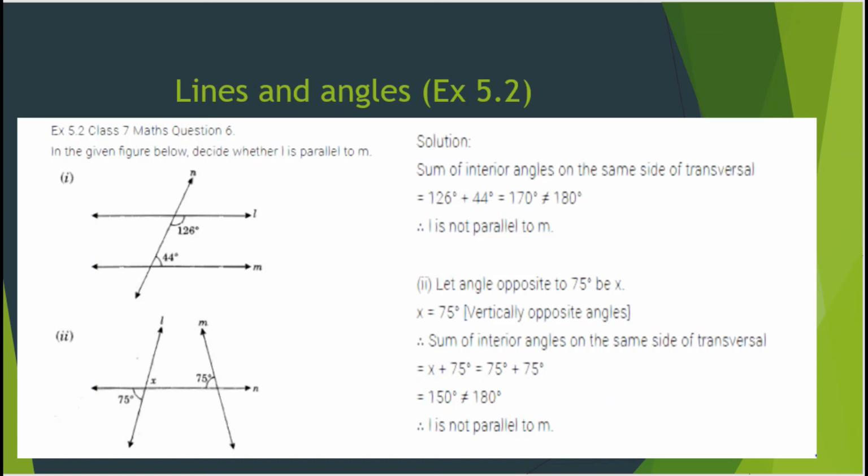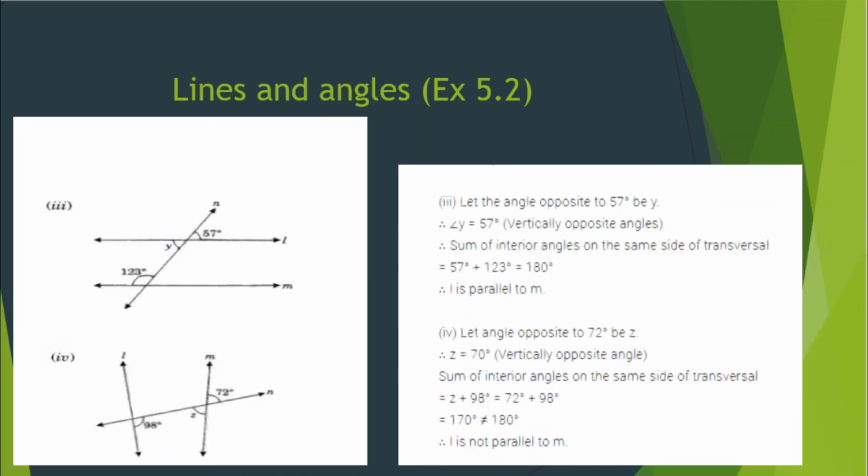X is equal to 75, vertically opposite angle. The sum of interior angles on the same side of the transversal, x plus 75, is 75 plus 75, which is 150, again not equal to 180. So here also L is not parallel to M.